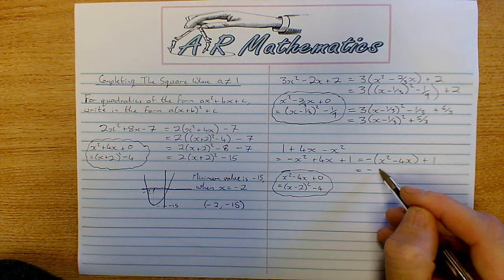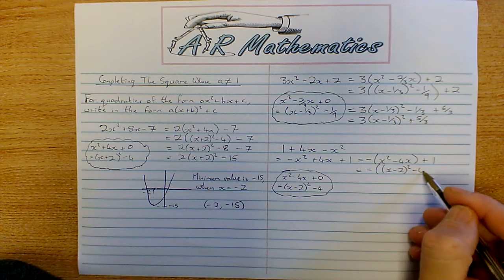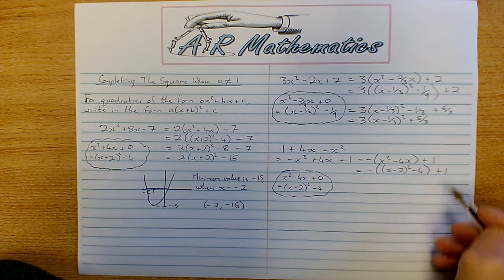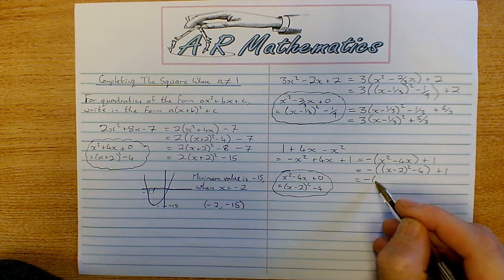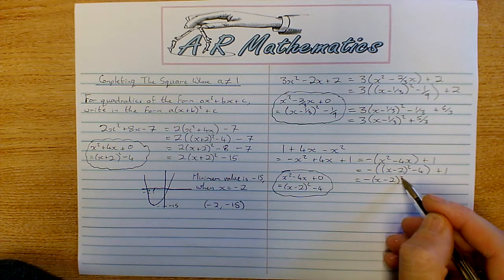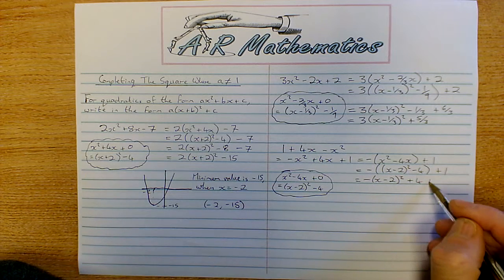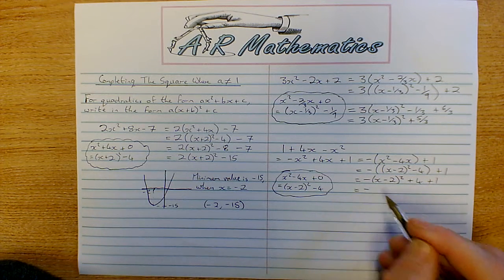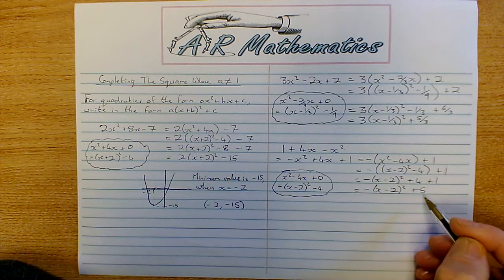So this now becomes the negative of x minus 2 all squared, take away 4, plus 1. So this is the negative of the bracket, so it's minus x minus 2 all squared, minus minus 4 is plus 4, and then the plus 1 at the end. This gives us minus x minus 2 all squared plus 5.